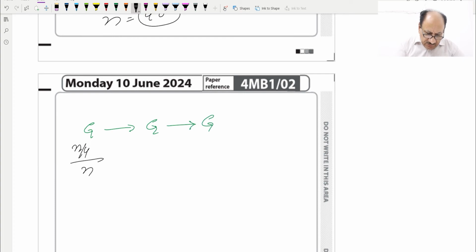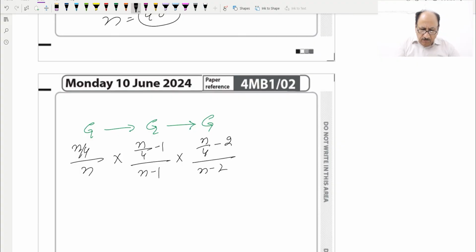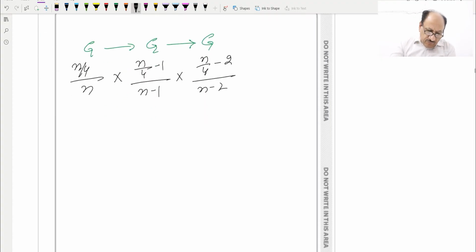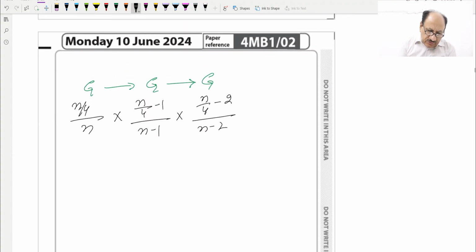And at the next stage, 1 will be lesser, n by 4 minus 1 over n minus 1, and then 2 less, so n by 4 minus 2 over n minus 2. This is basically the probability for getting all three as green.